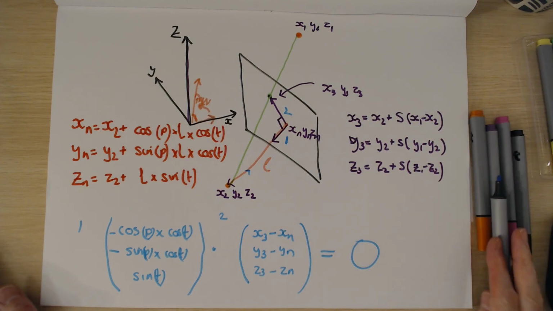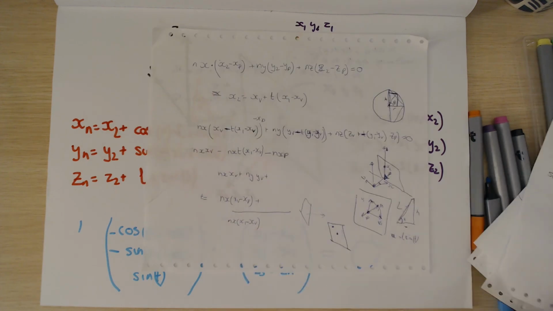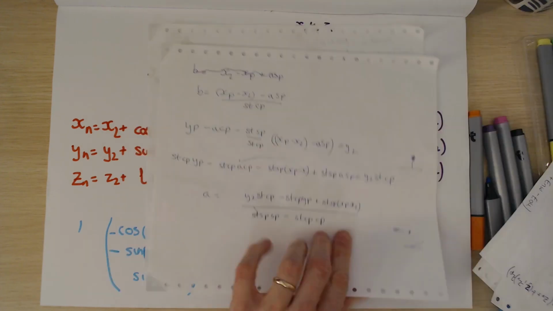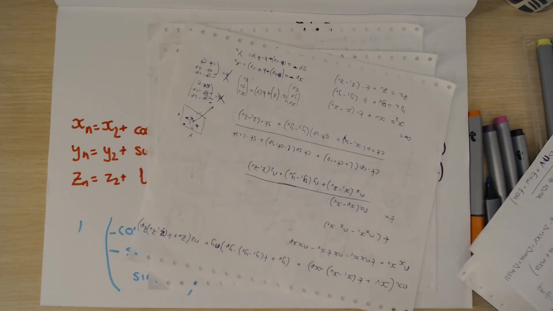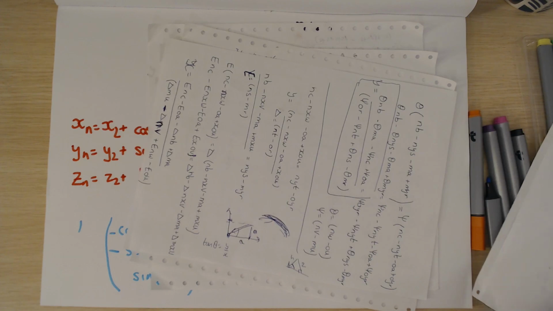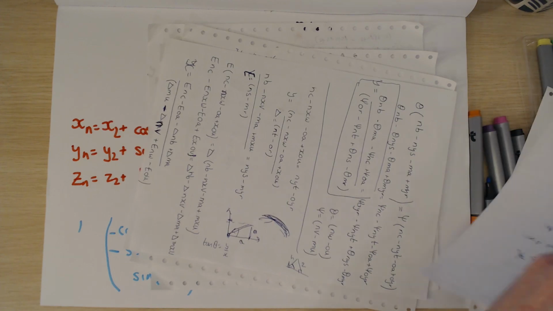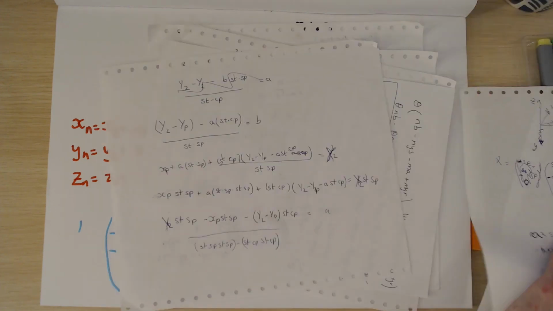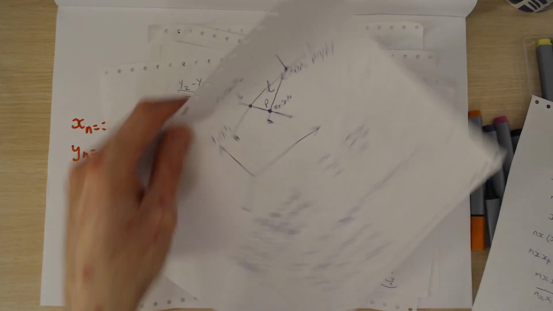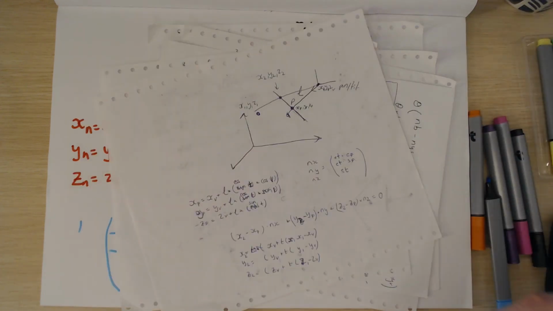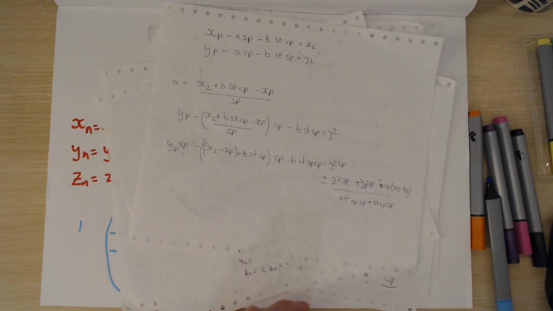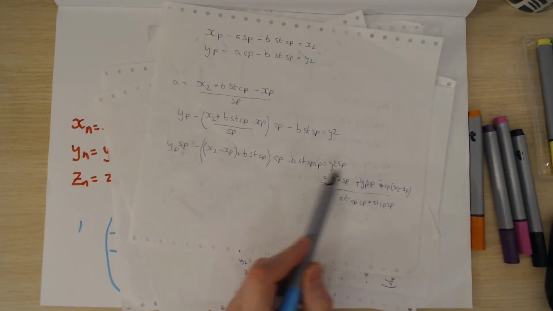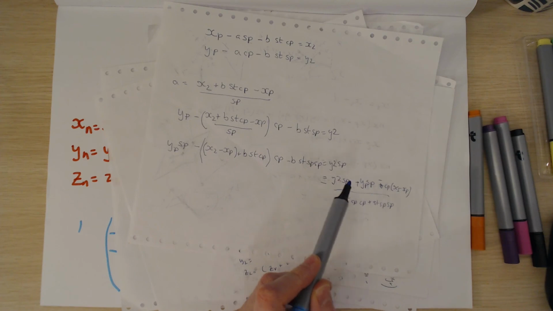I think I might have my original working. You can see I really struggled to simplify this, but it does simplify, and it simplifies down into some quite simple terms, something like this, sort of y2 sp blah blah blah blah.